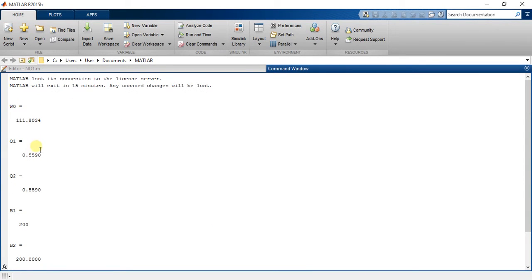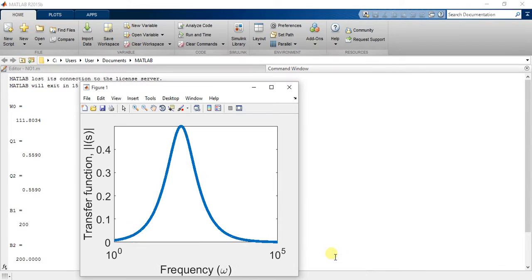Omega naught is 111.8034, Q1 is 0.5590, Q2 is 0.5590, and B1 equals 200. From this graph we can read omega naught as 112.7, which is approximately the omega naught from the calculation, 111.8034.